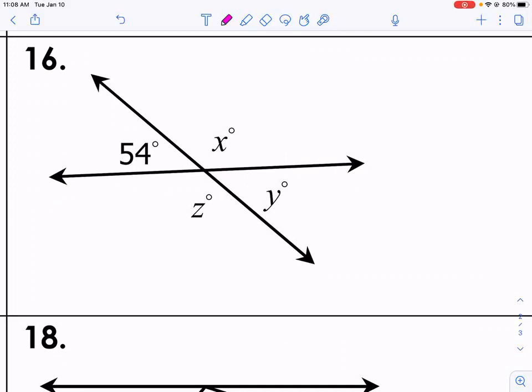All three, X, Y, Z. Well, X does equal Z, but you can find a number for it.